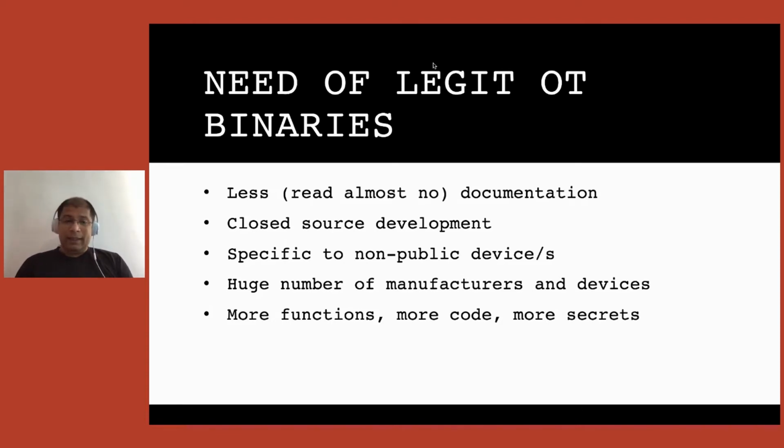That makes the scope of this whole ICS setup a little more huge. Having said that, more manufacturers producing more devices, they are producing more software for those devices. Hence, more functions, more code, more secrets.